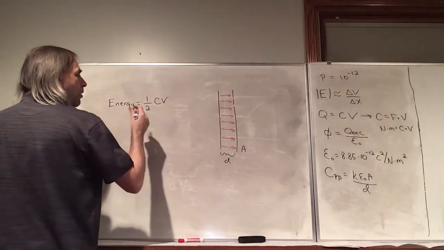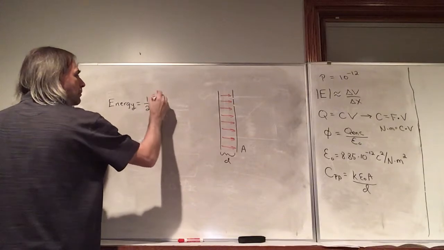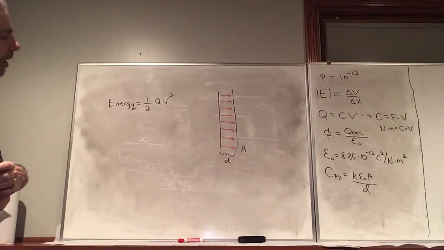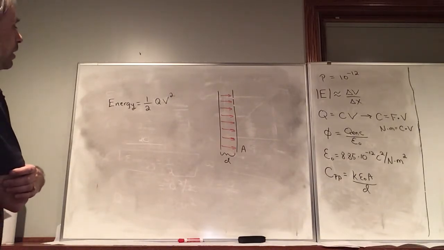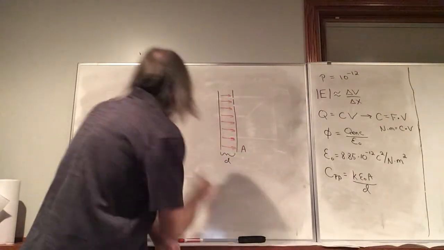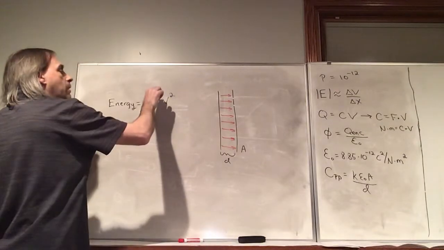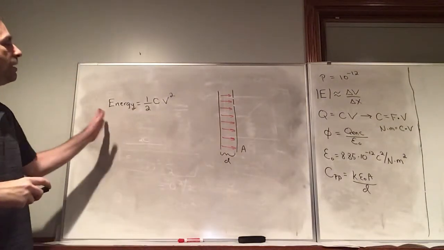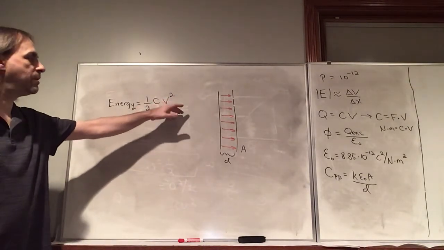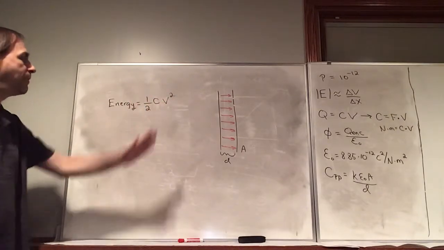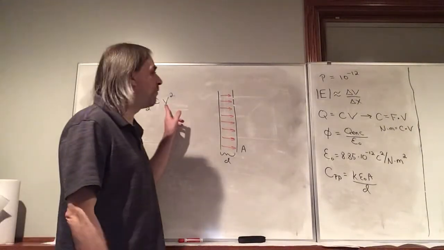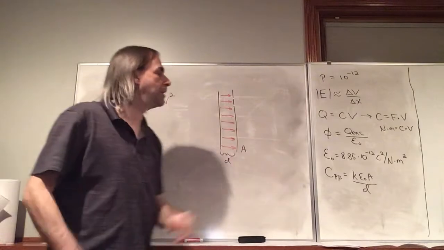Let's write it this way: 1/2 CV squared. Sorry, trying to just finish this one up. Okay, so the energy is 1/2 CV squared. So we got that 1/2 Q times V, where Q is CV, so we get 1/2 CV squared. And the voltage is the electric field times the distance.